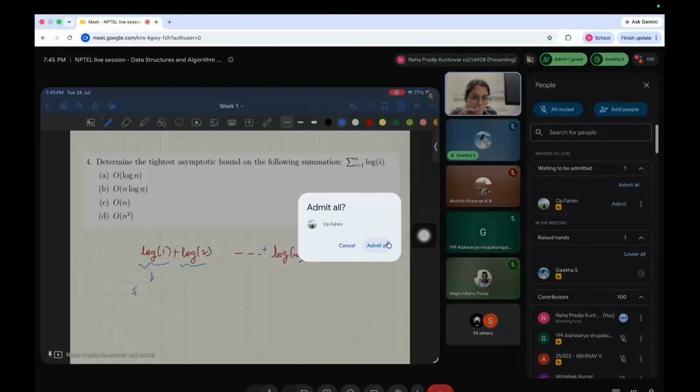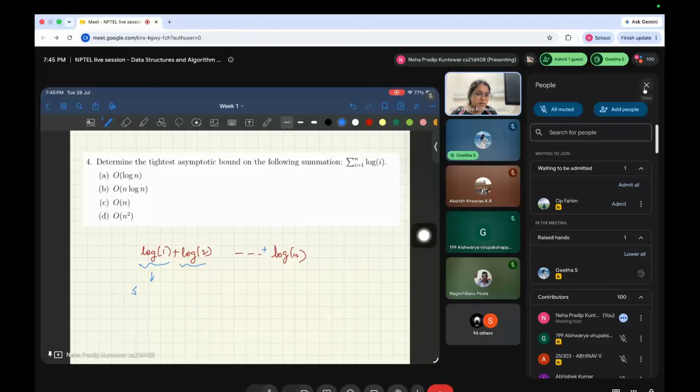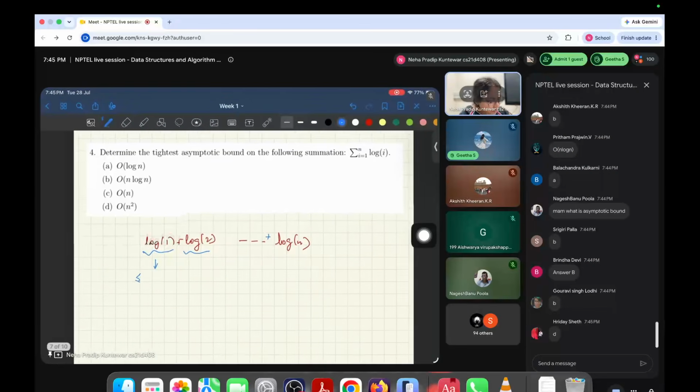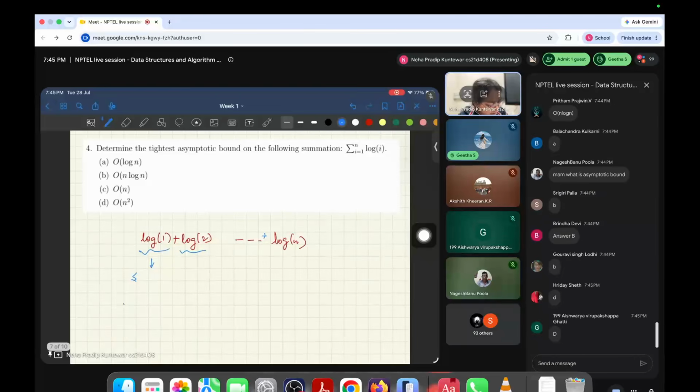But if you do a slightly better analysis, observe that log of n factorial is nothing but log of the product of n, n minus 1, all the way down to 1.